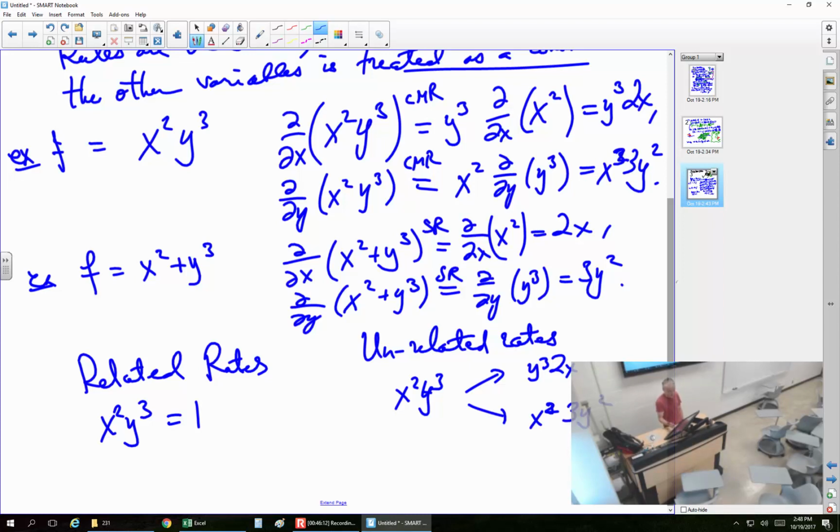Okay, and in related rates, the presumption is that this is like an implicit relation between x and y, and then you differentiate how? You treat it as if y depends on x. It is the exact opposite of what we're doing right now.